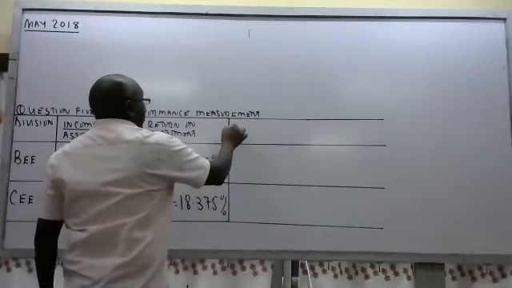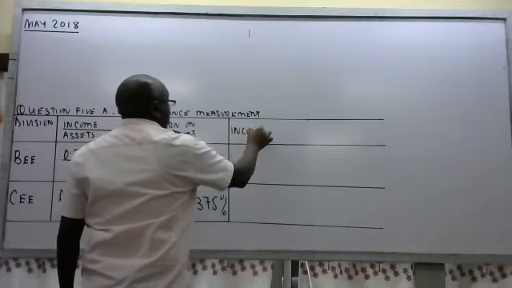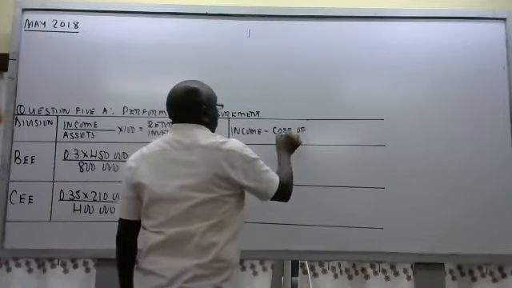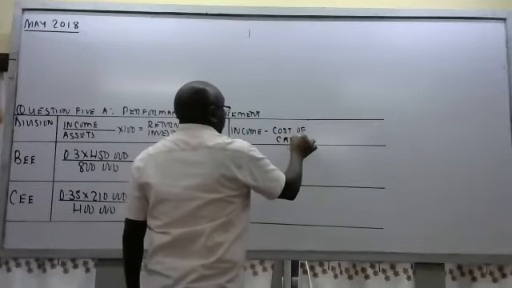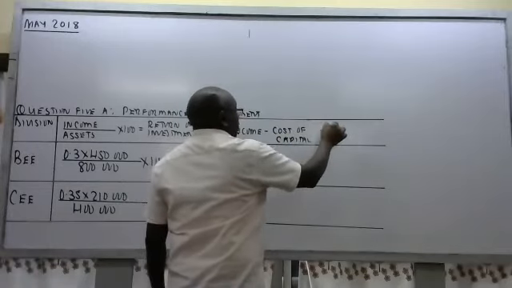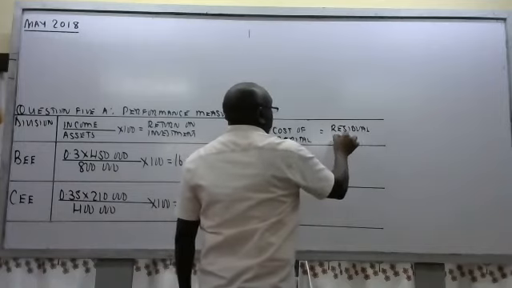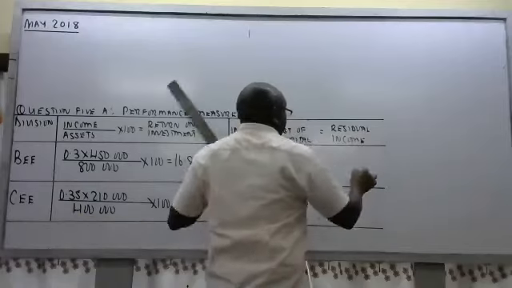Then if I come here and say income minus cost of capital, it will give me residual income. Residual income.